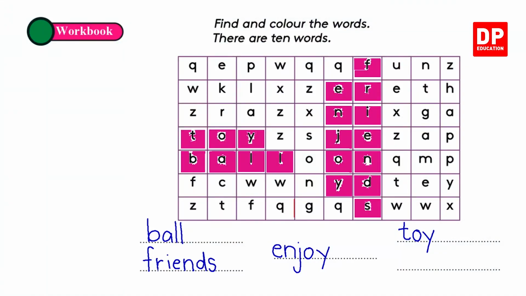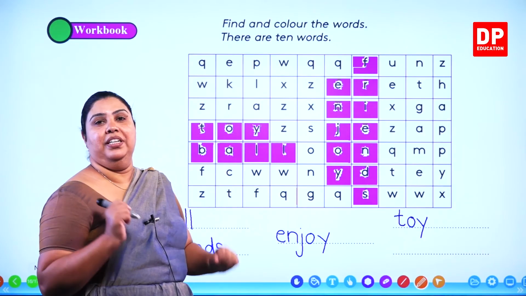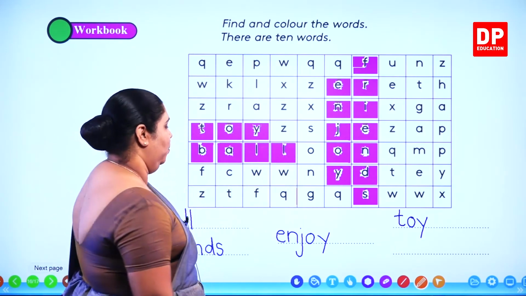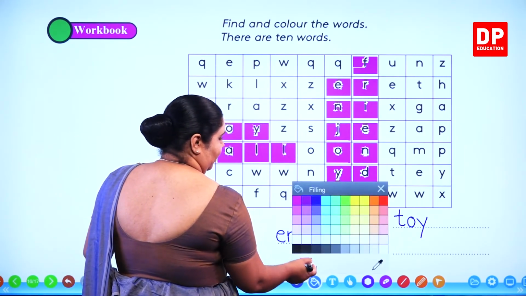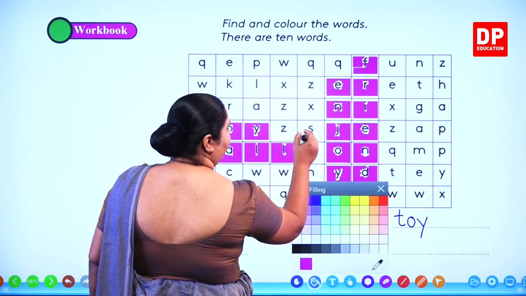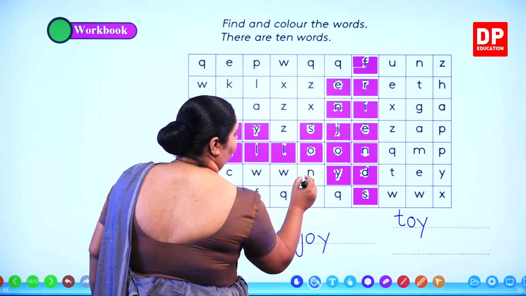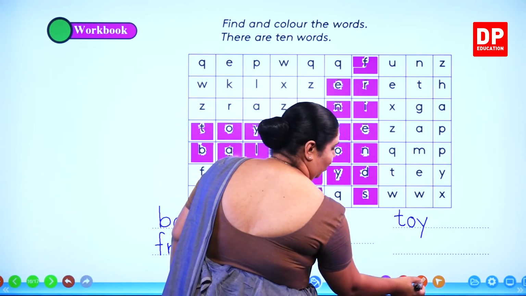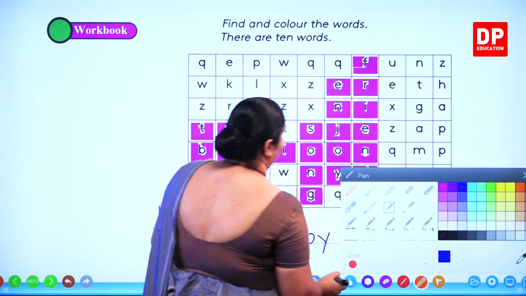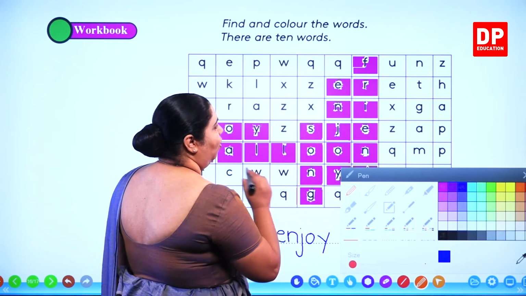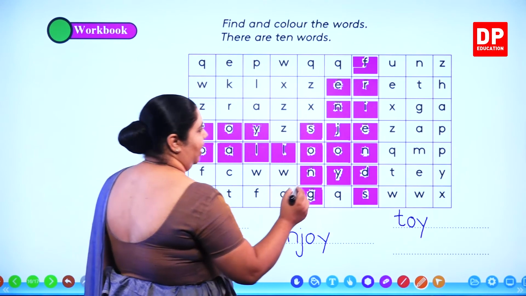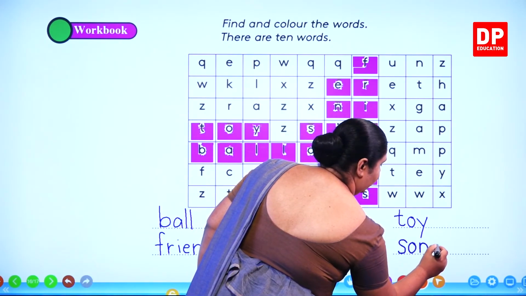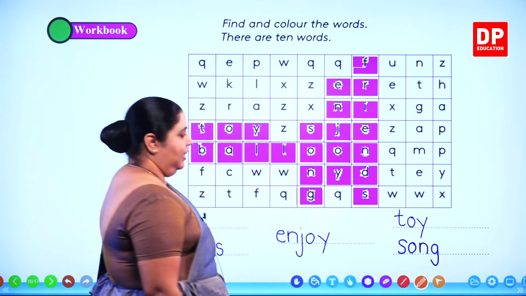Now we have to find another 1 more word. What else can we write? We have the word song over here. So let's color the word S-O-N-G, song, and we are going to write it on the blank line. Now we have completed 5 words, and when we write the word song, our activity is done.